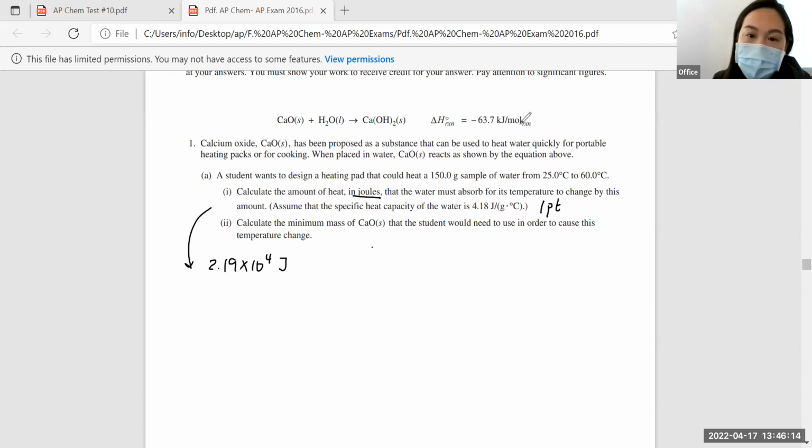And we have our delta H for the reaction, so I would just use that. For every 63,700 joules of energy, I get 1 mole of reaction.